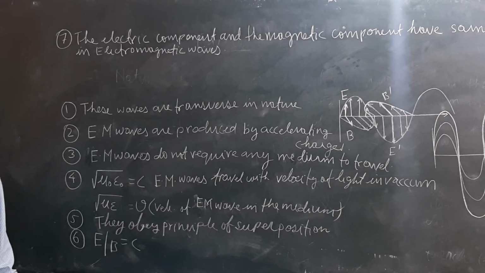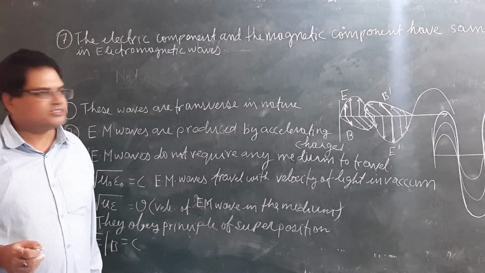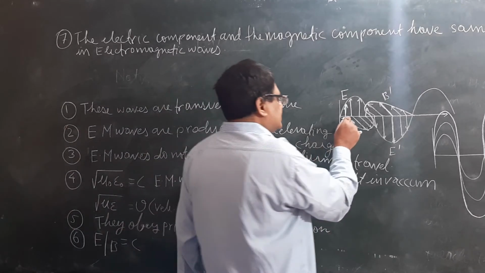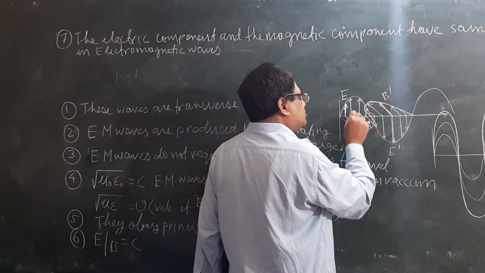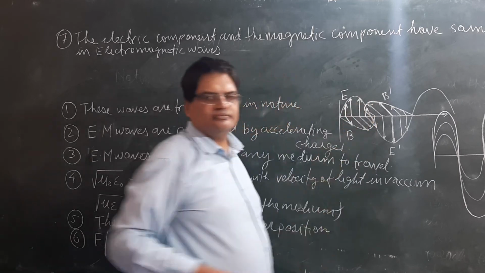The electric component is responsible for the vision of light. This is the electric component. Only this electric component is responsible for visibility of light, not the magnetic component.